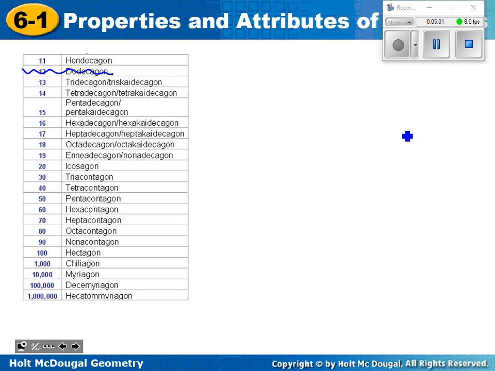You can Google, there's a name for every sided shape out there, like hecatomyriagon. You don't need to know any of these. I've never had to know them, and I've never used their names.